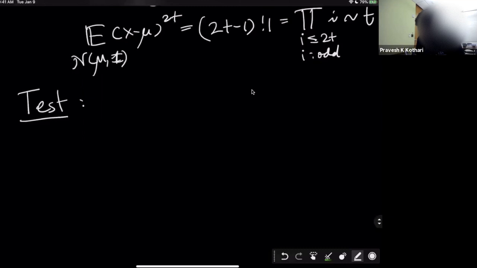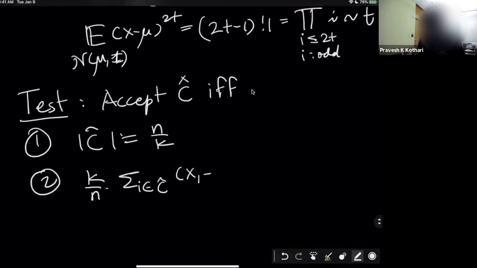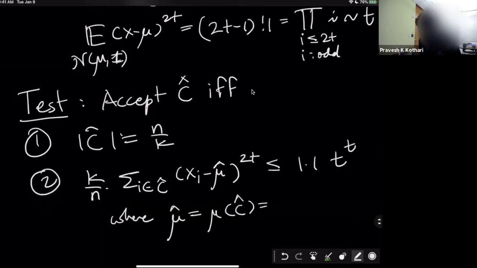It says: accept c hat if and only if, one, c hat is of size n over k, and two, the empirical 2t-th deviation moment around its mean is at most 1.1 t to the t, where mu hat is mu of c hat, just the mean of points in c hat.